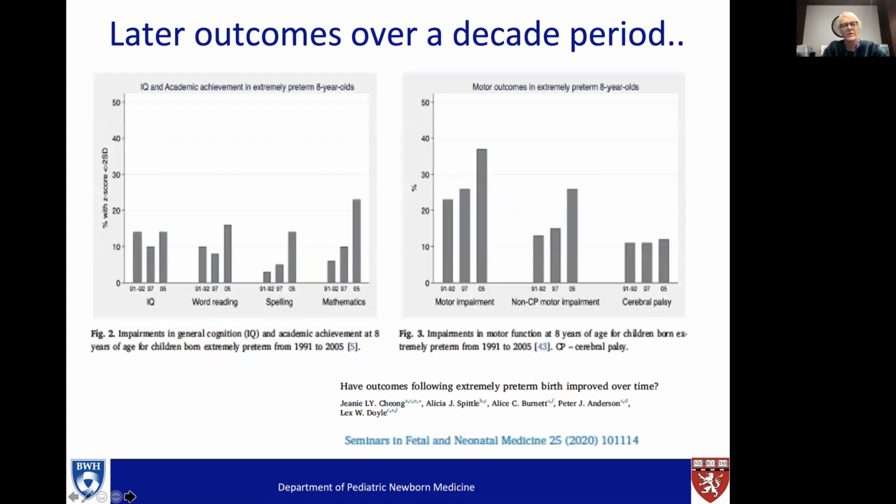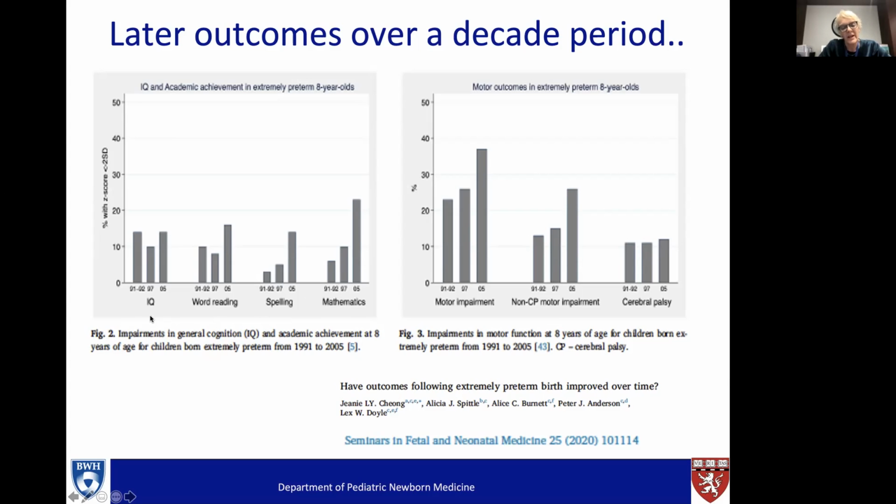Do they catch up? Well, actually, this is beautiful data from Australia looking at 3 cohorts within Victoria studied. And what you can see is that at 8 years of age, still many of these children are identified as having significant difficulty, with deficits in IQ in around 15% of infants less than 1,500 grams now, with significant difficulties in word reading, spelling, and math, and motor issues.